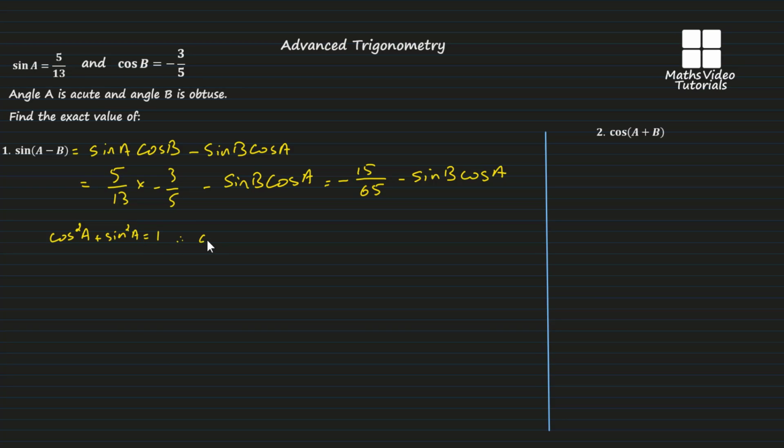Well, by making cos A the subject, therefore you need to minus the sine squared from both sides, and then you need to square root both sides to get this answer, and that will give you 1 minus sine squared. You square the numerator and denominator, that gives us 25 over 169. Let's do it in a calculator.